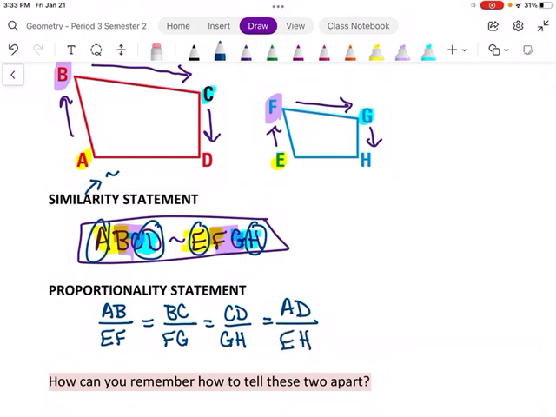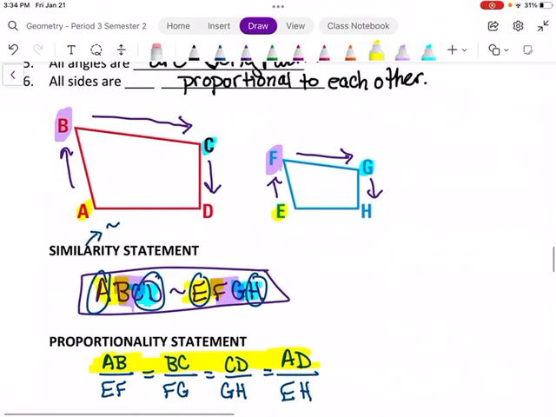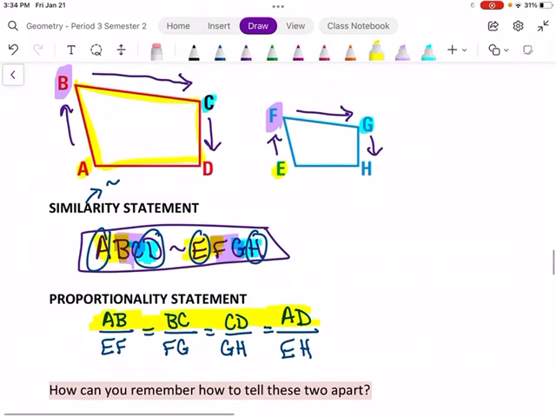So when you're writing these, you want all of the line segments from one shape to be in the same location in your proportions. So AB, BC, CD, and AD are all from our first shape up here that's in red. And then the rest are from the second shape. So you always want to make sure they're in the same part of your proportion.